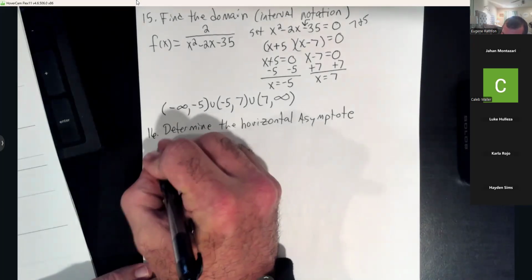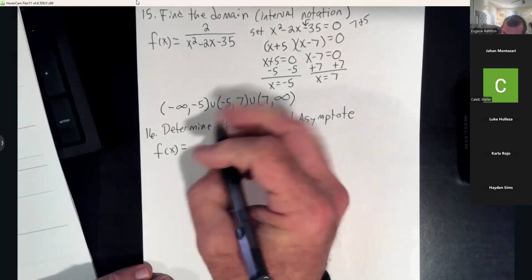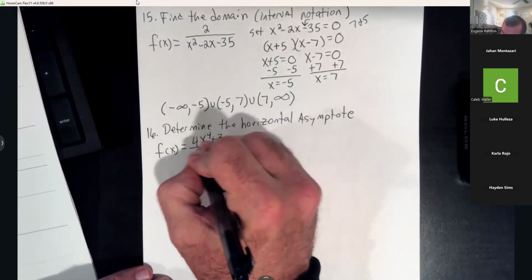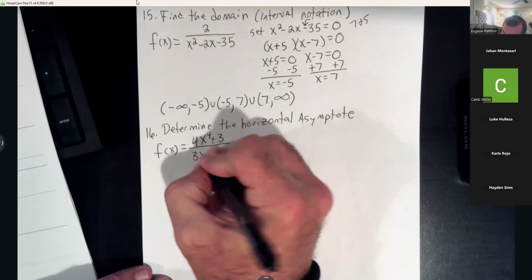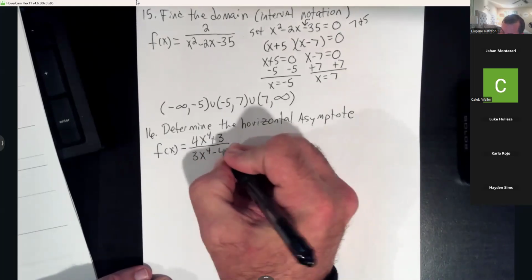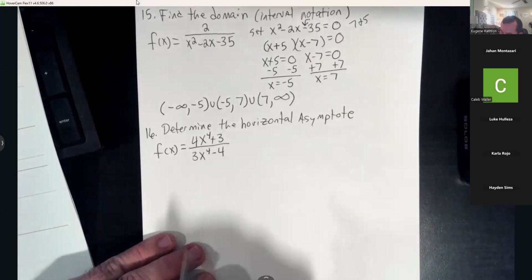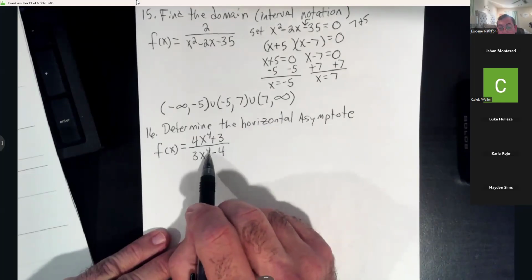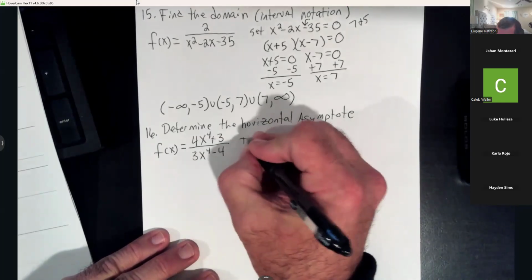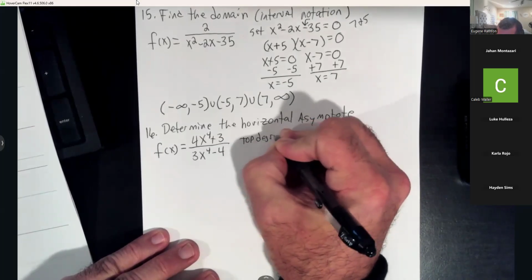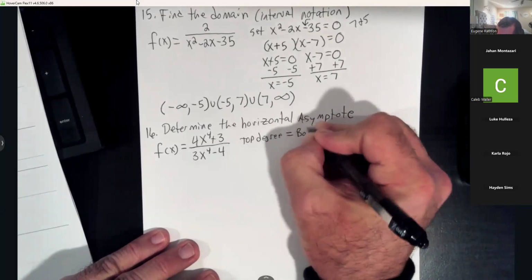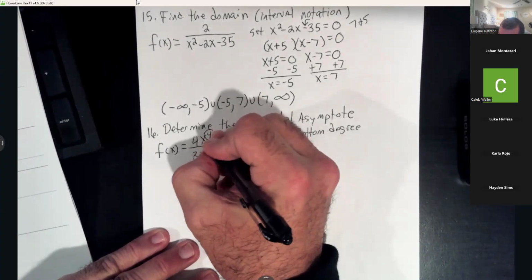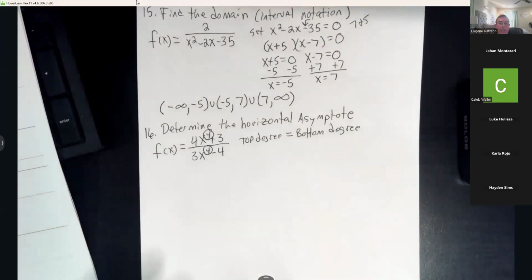So y'all, for this one, they're giving me f of x equals 4x to the fourth plus 3 over 3x to the fourth minus 4. So y'all look, the biggest exponent on top is a 4. Biggest exponent on bottom is a 4. So the top degree equals the bottom degree. Okay, so these are equal, the largest exponents.